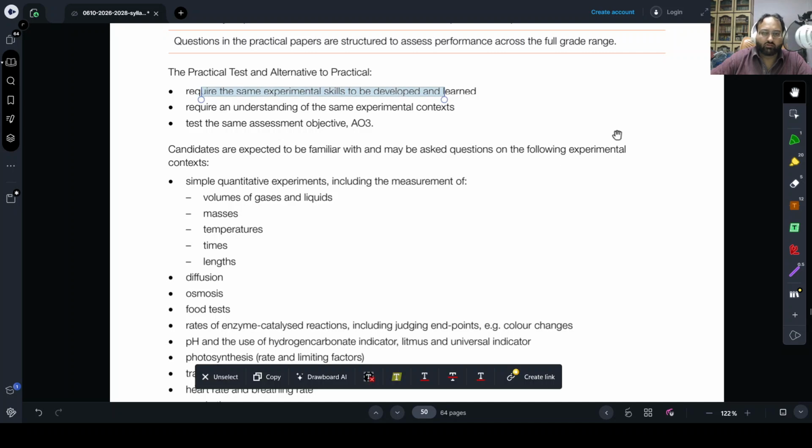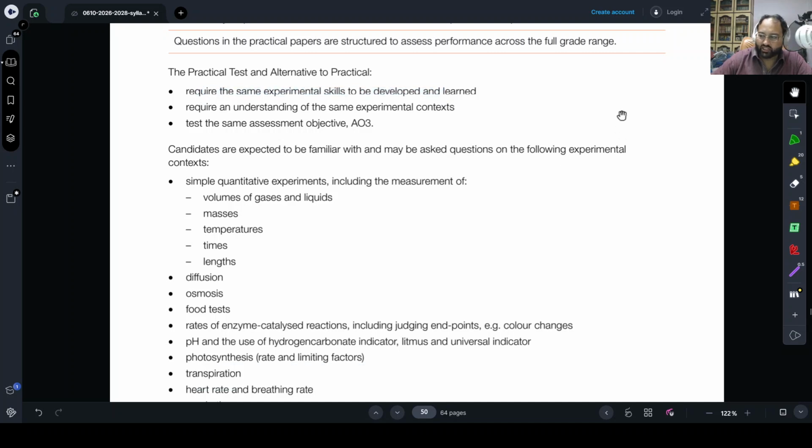In the recent update, Cambridge has aligned the practical and alternative practical. In a practical, the student will be standing in a lab and conducting the experiment following the instructions, whereas in an alternative to practical, it's going to be the same experiment, but you're not going to be conducting it. It's going to be on paper. They explain this is the experiment, this is what the student does, and using your knowledge of practicals, you answer the questions. So they're aligned.